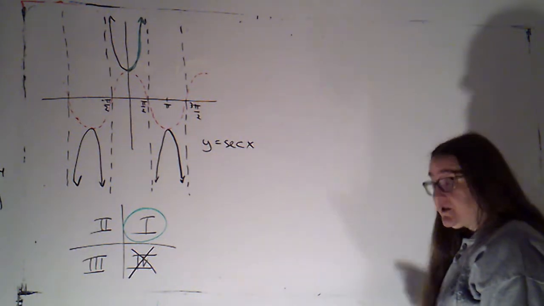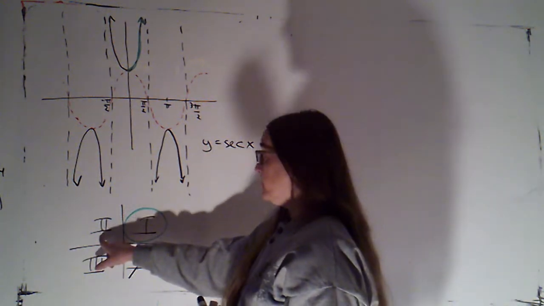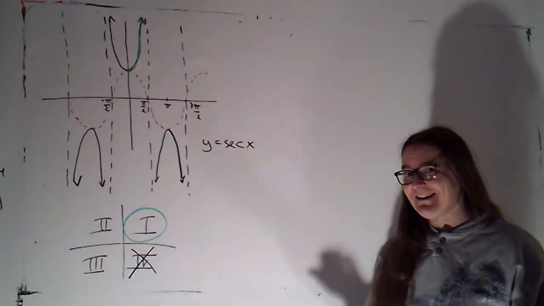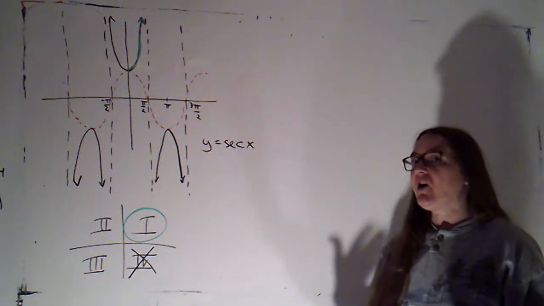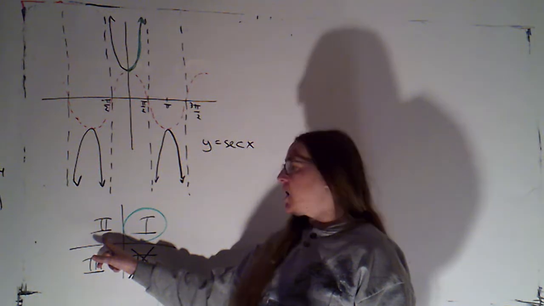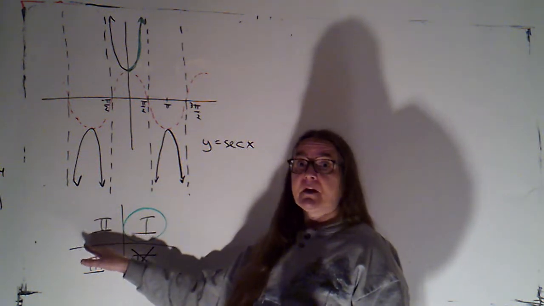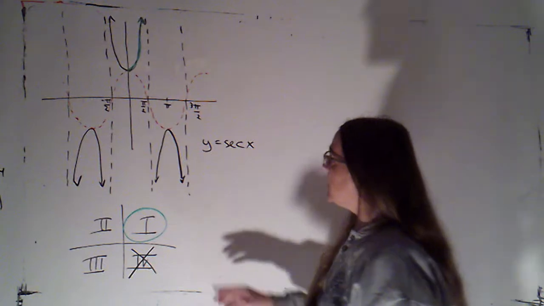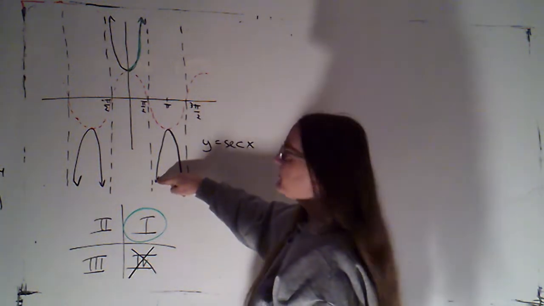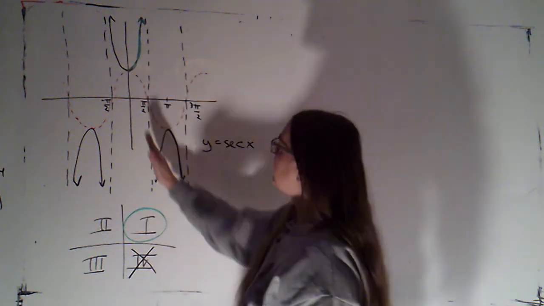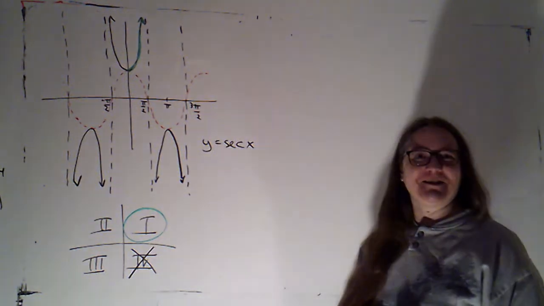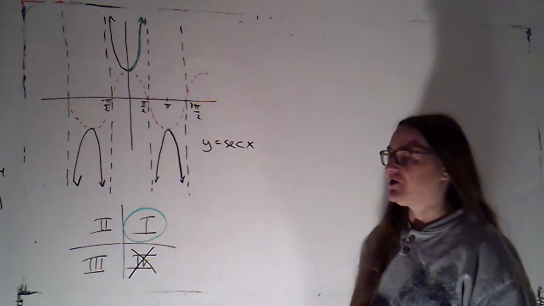Now, some textbooks do still choose quadrant 2. The advantage there is that when we restricted the domain of cosine to then get the range of arccosine, we used quadrants 1 and 2. So the range of arccosine was everything from 0 to pi. If we were to choose quadrant 2, we would basically be choosing the left half of this upside down u, and then we would restrict the domain to be everything from 0 to pi, excluding pi over 2, because of course that's not in the domain of the original secant function.